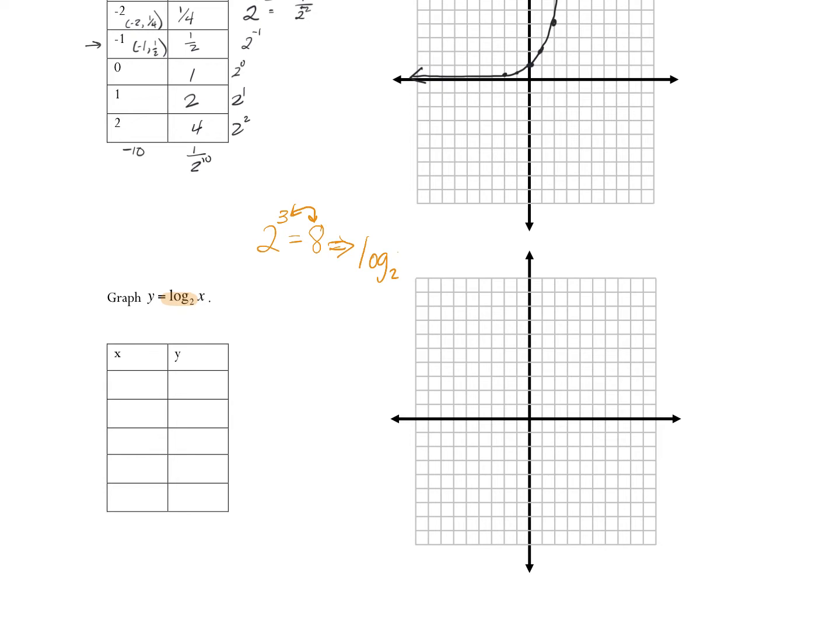So log base 2 of 8 equals 3. The value of a logarithm is an exponent. What the log is equal to is the exponent that gets you to the 8. What exponent do I put on 2 so that I get to that 8?